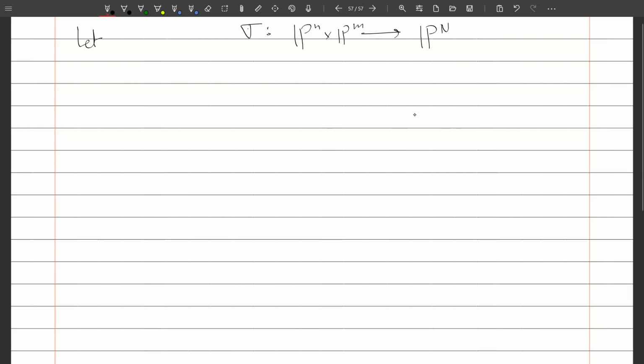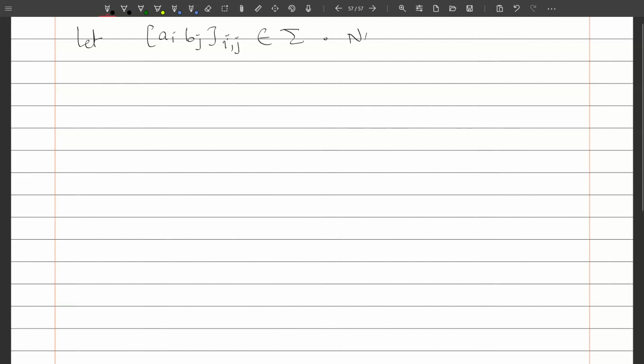So the image of this sigma is inside Pn, and we denote the image of sigma by this sigma. So this sigma is contained inside Pn. So now we are going to pick some point inside this sigma. So that has to be a vector in (m plus 1) times (n plus 1) coordinates. So let us pick some point aibj. So this is some point inside sigma.